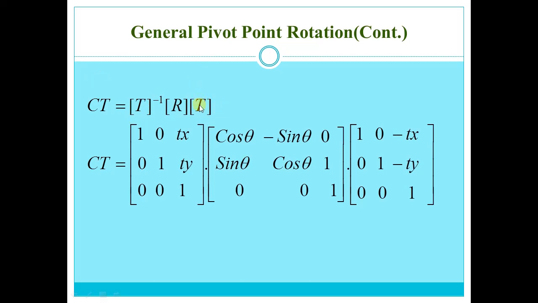So first we do translation, then you go from right to left, followed by rotation, and then followed by inverse translation. Then you will get this type of CT.